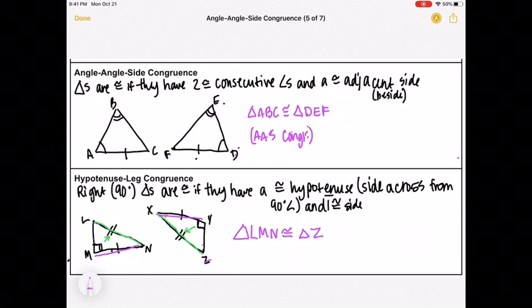So it would be Z, then to our right angle, Y, out to X. Okay, and then just kind of make sure those match up. So X and N have the congruent side on there. All right, my reason then would be, on these, you can shorten a little bit, but hypotenuse, leg, congruence.